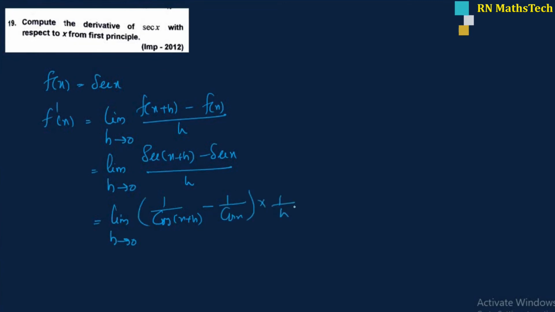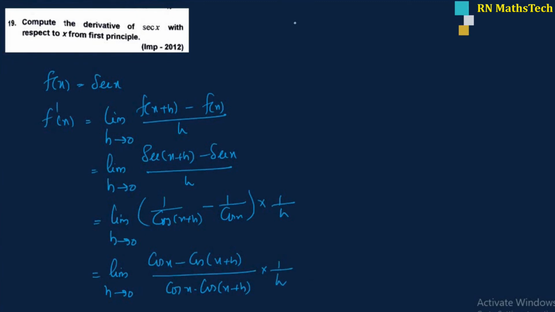This becomes limit h tends to 0 cos x minus cos x plus h by cos x into cos x plus h into 1 by h.